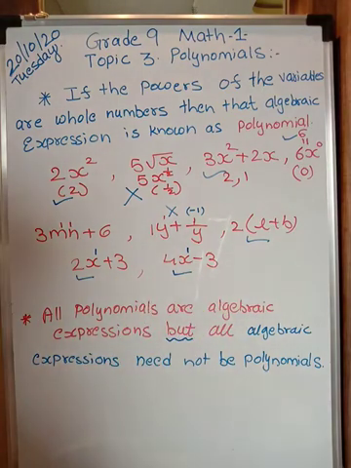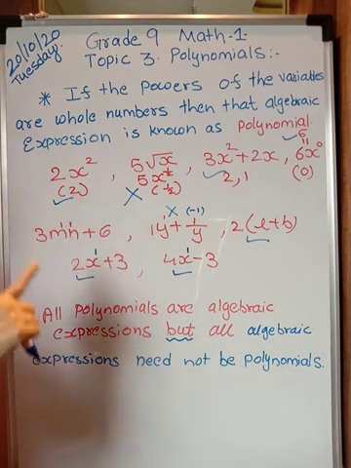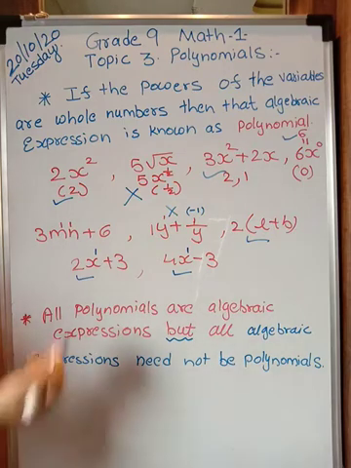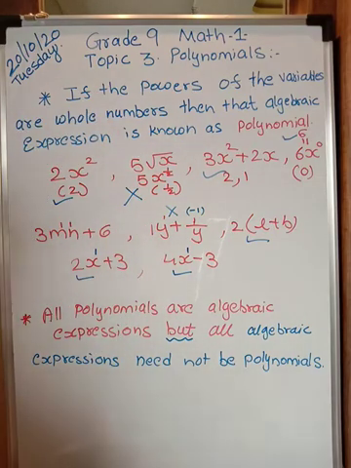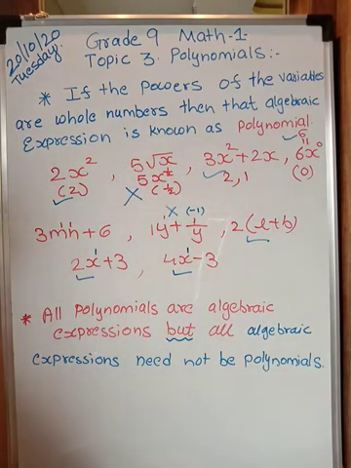Did you get the definition of polynomial now? So concentrate on the variable and look at what the power of the variable is. If it is a whole number, it is a polynomial. So how do we define a polynomial? If the powers of the variables are whole numbers, then that algebraic expression is called a polynomial.